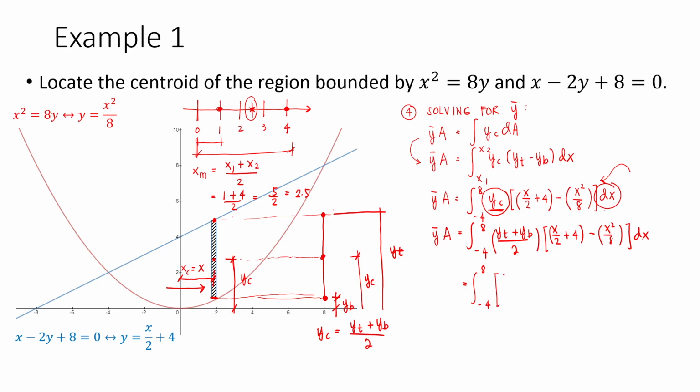So it becomes the integral of x over 2 plus 4 plus x squared over 8, all over 2, times x over 2 plus 4 minus x squared over 8, dx. Then on the left side you have bar y times the area, which is 36 units.